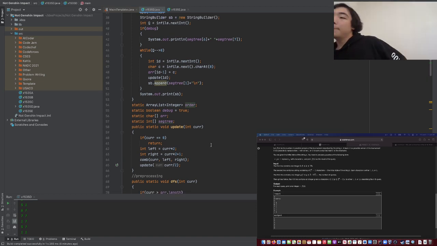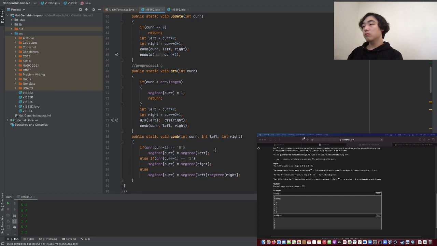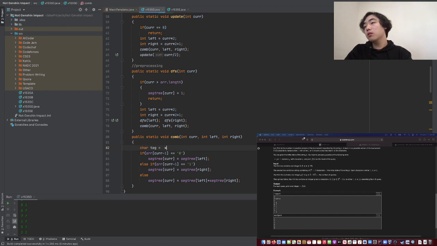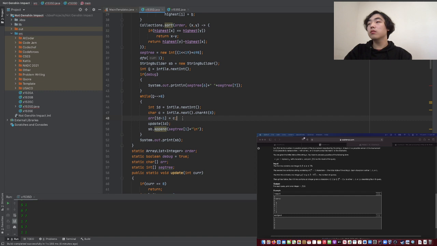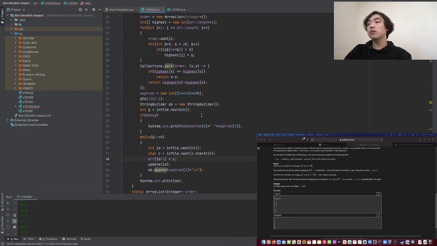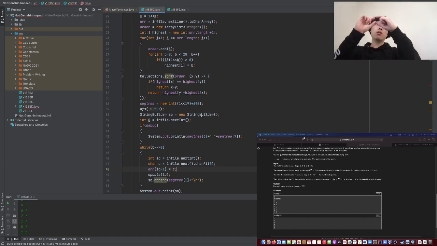Let's see. And the last thing that we do is char tag is equal to. I guess we could just keep it like this, except now this is a thing that changed, but we want to get the actual bit.